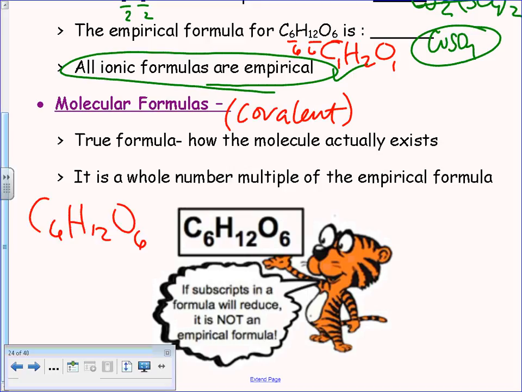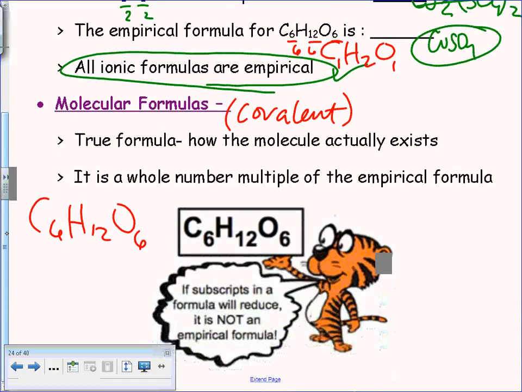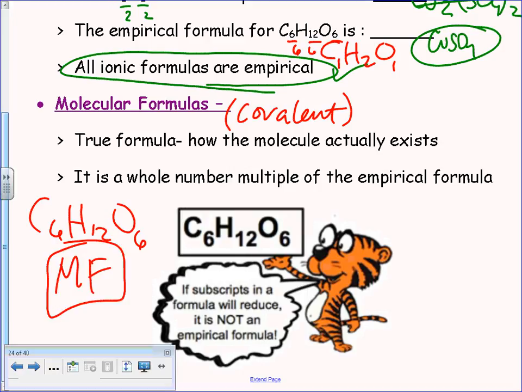The molecule glucose requires us to have 6 carbons, 12 hydrogens, and 6 oxygens in it. But that's because it's the true, actual molecule we're dealing with. We're not simplifying it. That simplification process is for easiness sake, for whenever we're trying to account for the ratio in which things exist. This is the true molecule. This is the true formula. And you'll notice, this is the molecular formula. This is the empirical formula.